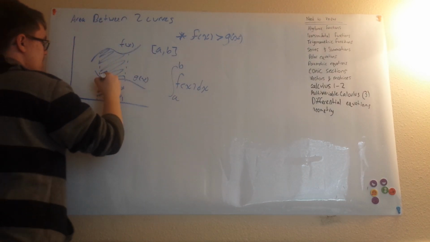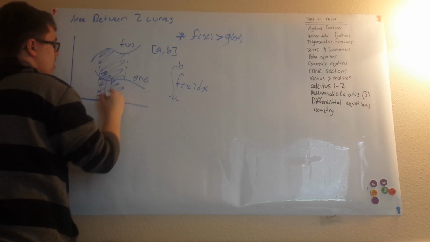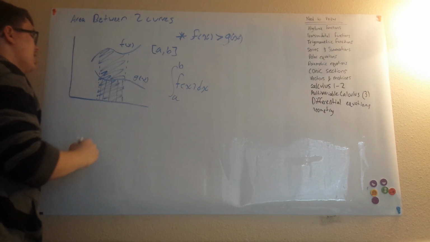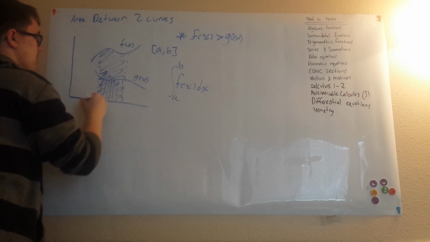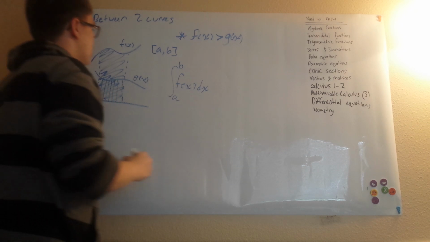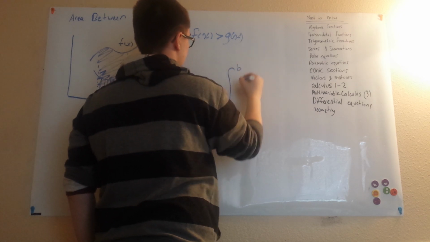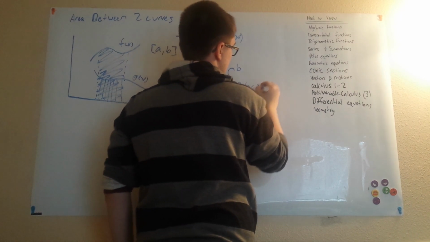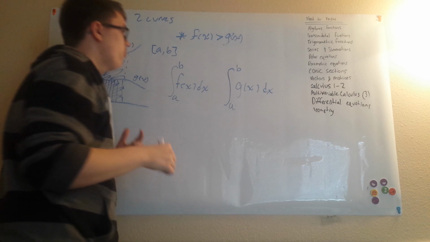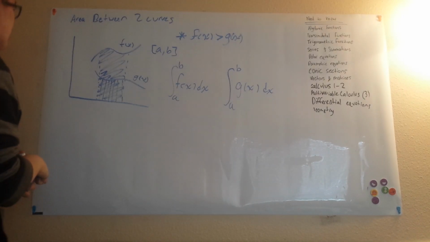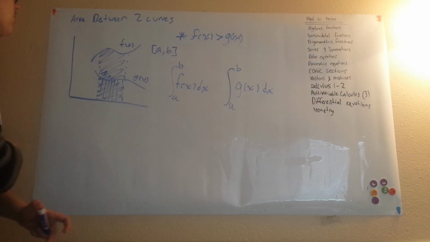What about the area under g of x? That will be denoted by vertical lines. Well, that's the integral from a to b of g of x dx. So how do we find the area between these curves?